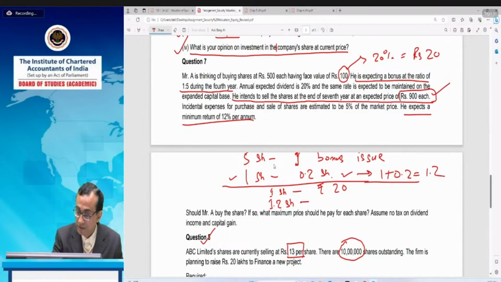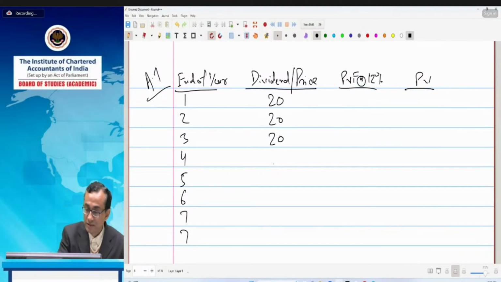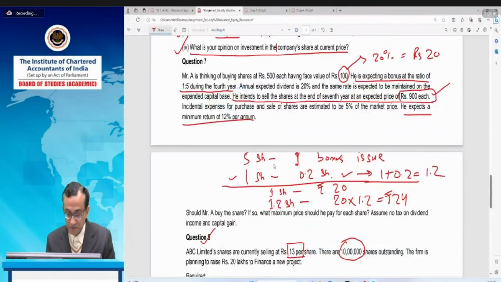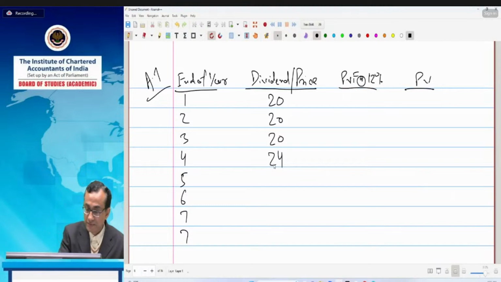It will be 20 into 1.2, that is 24 rupees. So in the fourth year, the dividend will be rupees 24. I hope this calculation is clear to you. Now for the fifth year also, it will be 24. Sixth is 24. Seventh is also 24.